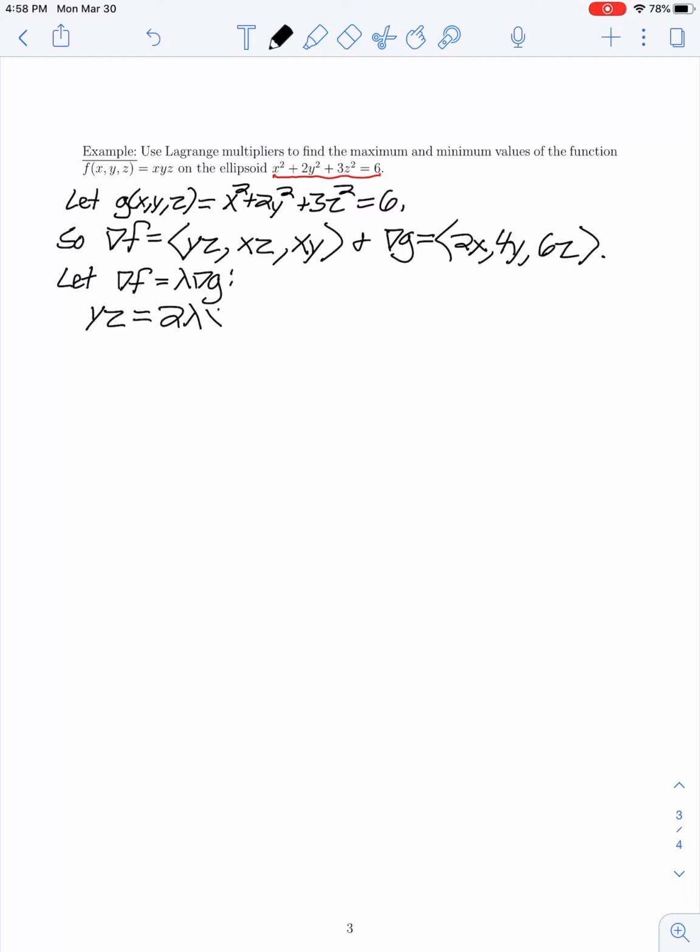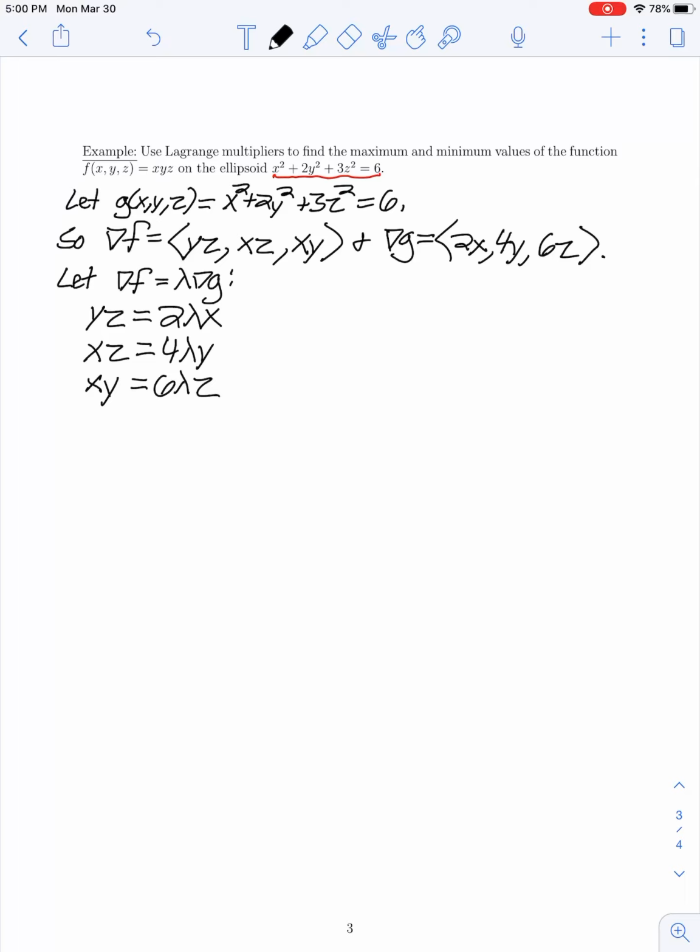In order for the first components of these vectors to be equal, we would have y times z is equal to 2 lambda x. Our second components would be x times z is equal to 4 lambda times y.